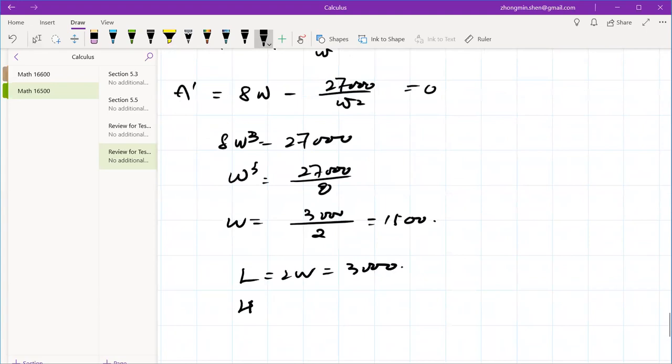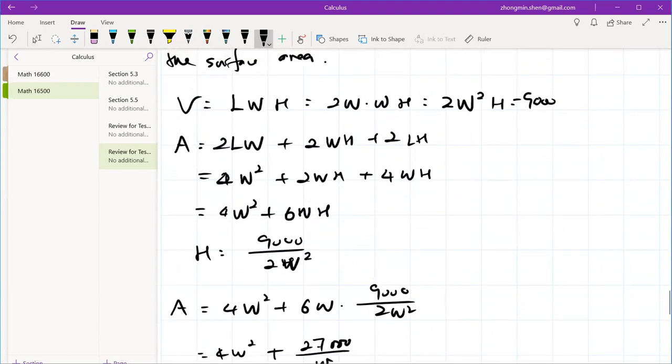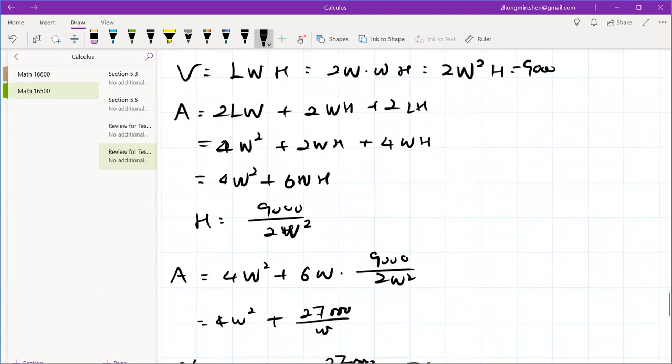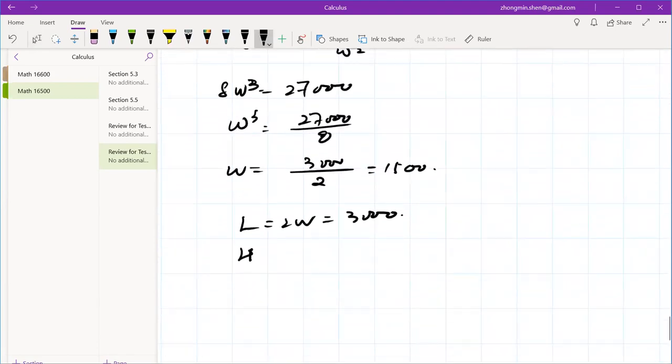How about the height? Since the volume is fixed, the height is 9,000 divided by 2W squared.